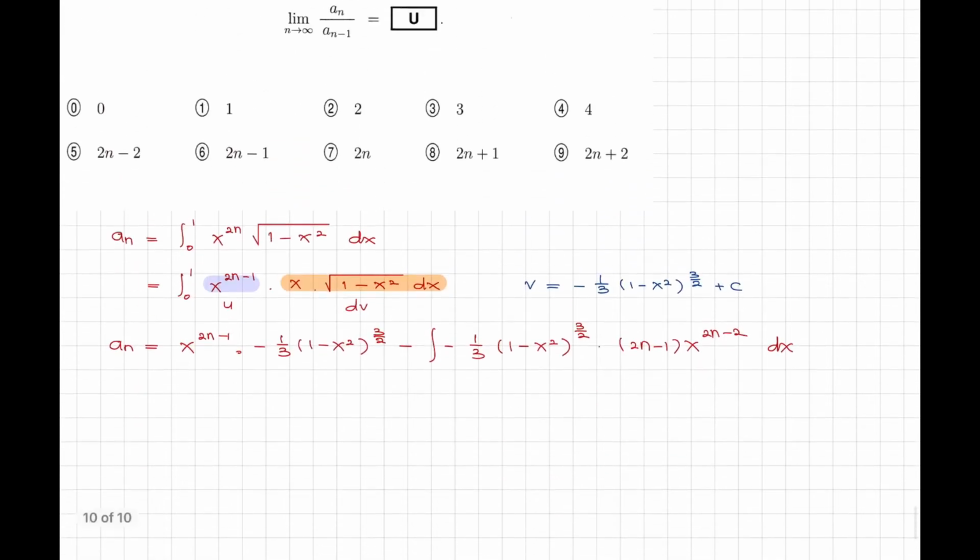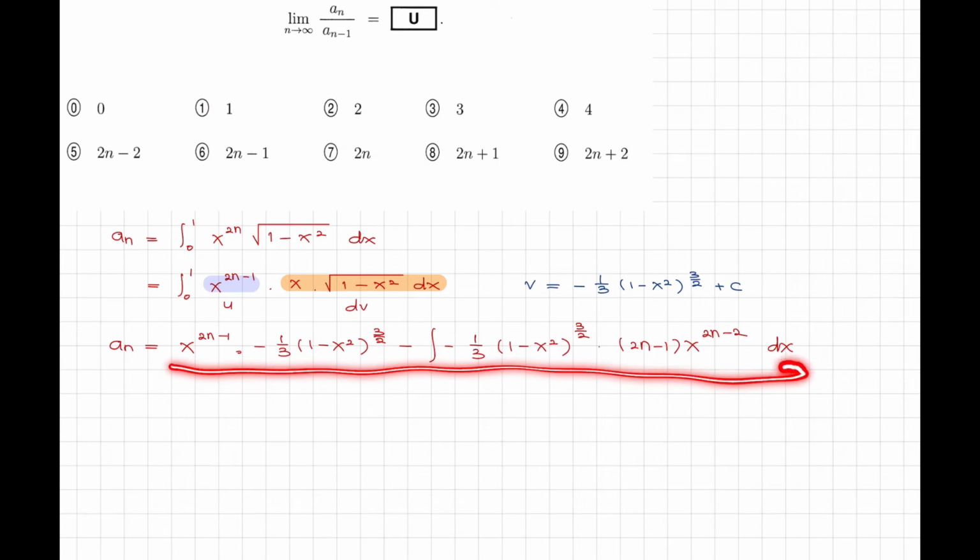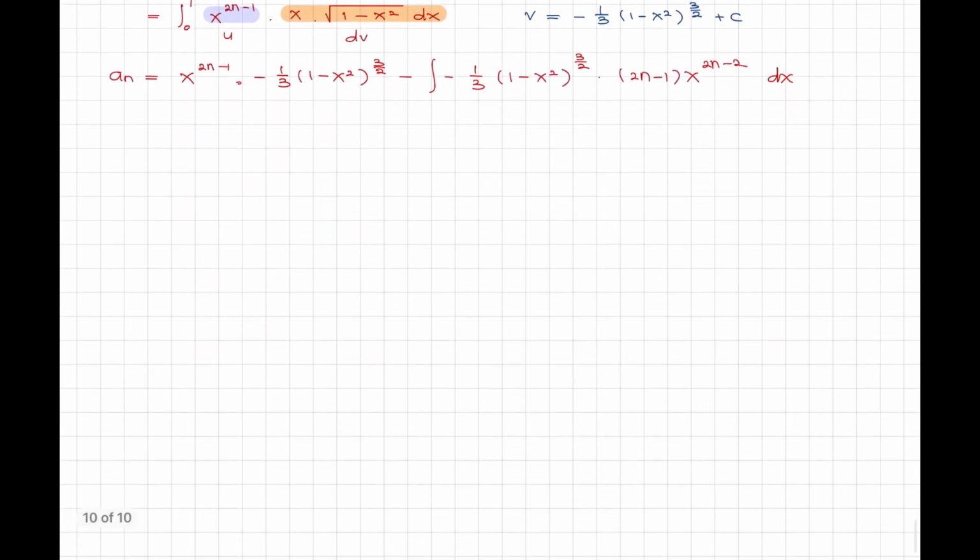We have to simplify these expressions. The first expression does not have any integration sign, so we can substitute the upper and lower limits here, 0 until 1. And it's the same as the previous one.